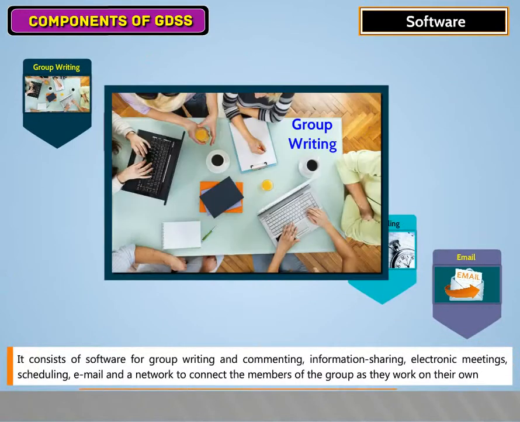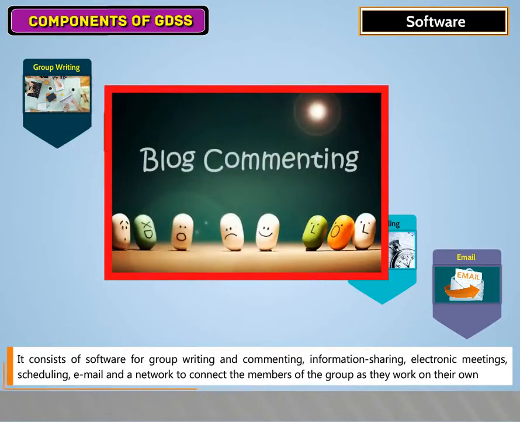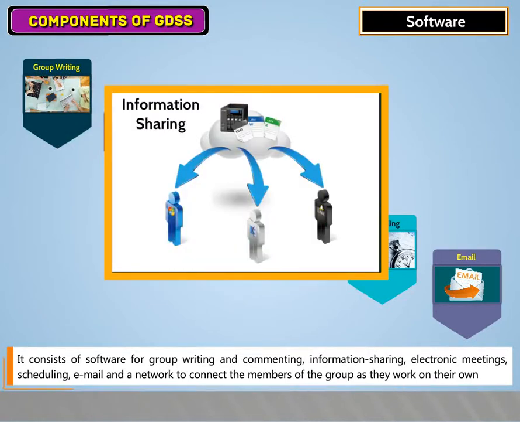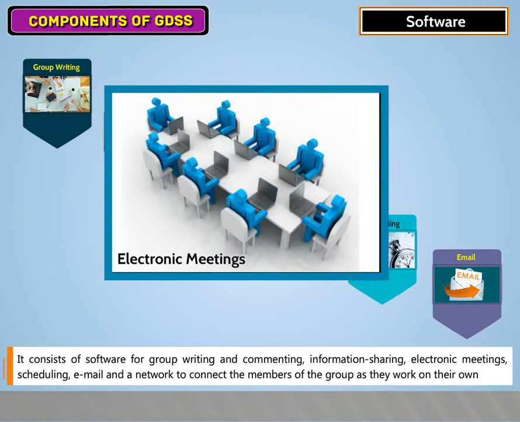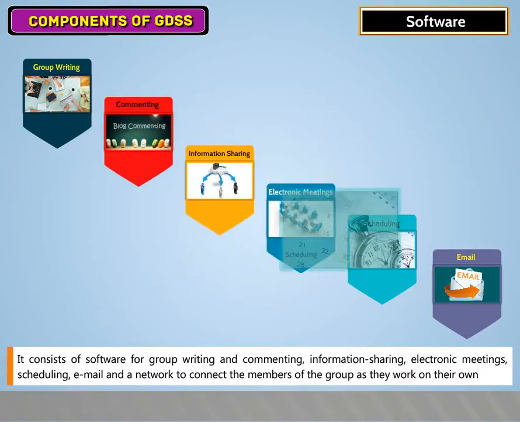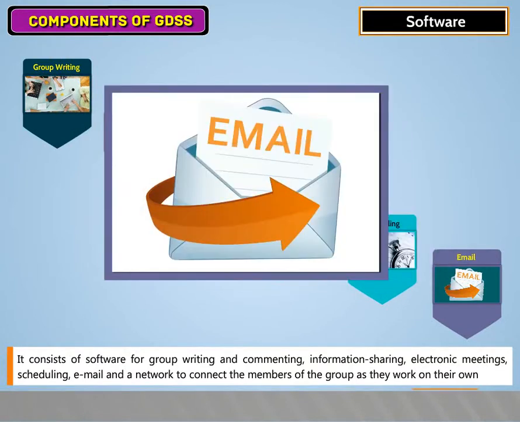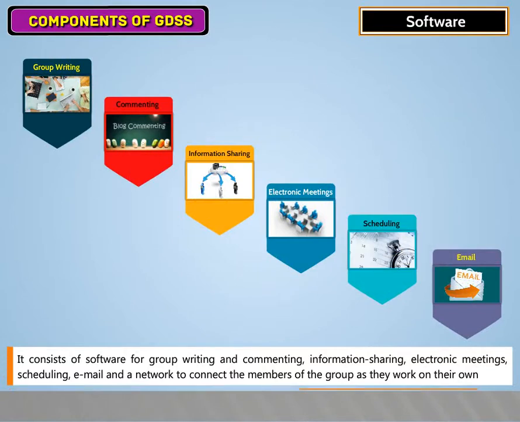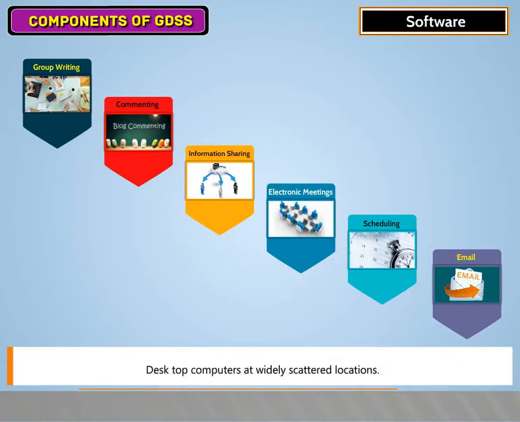It consists of software for group writing and commenting, information sharing, electronic meetings, scheduling, emailing, and a network to connect the members of the group as they work on their own desktop computers at widely scattered locations.